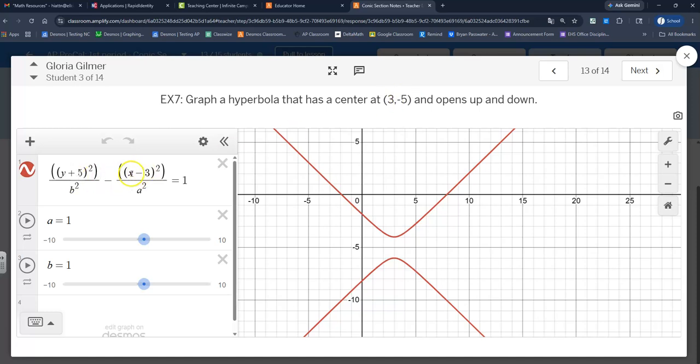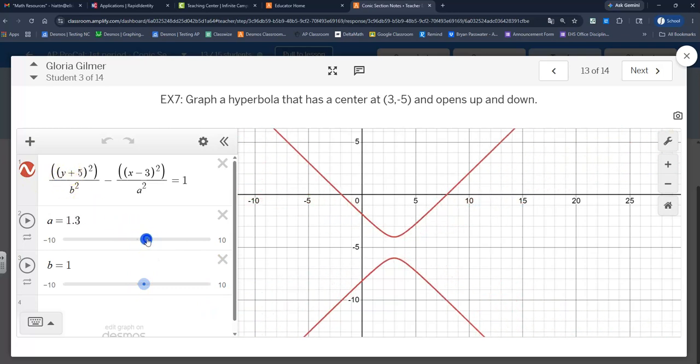You're going to have x minus 3, and you're going to have y plus 5. And notice here that if you put the y first, so the y term is positive, and the x term is second, it is negative, that you're going to get a hyperbola that opens up and down. All right, so you want that y to be positive, you want it to open up or down.